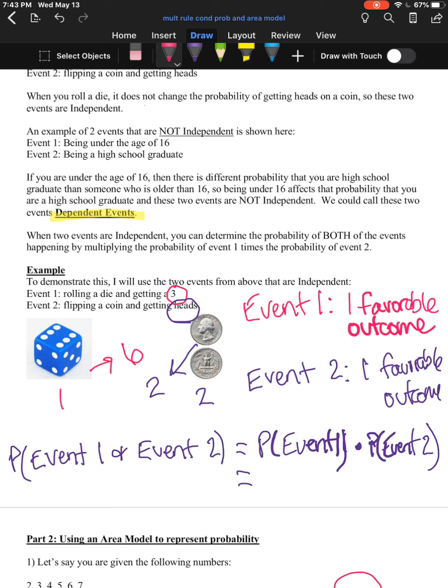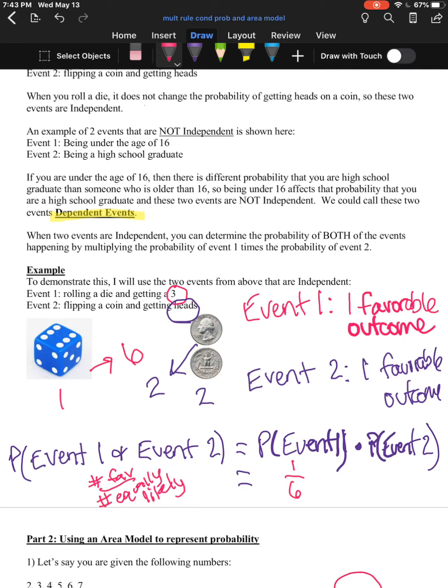Since probability equals the number of favorable outcomes over the number of equally likely outcomes, we can easily set each problem up to be multiplied together. 1 out of 6.